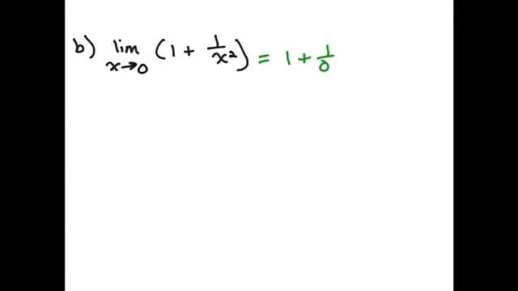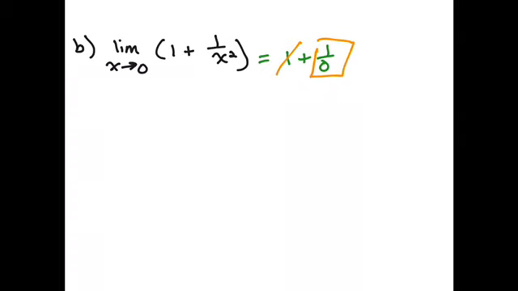And if this thing here is some huge number, then the 1 is insignificant compared to infinity, right? So we're not worried about this 1. We're only worried about the sign of our 1 over x squared term.